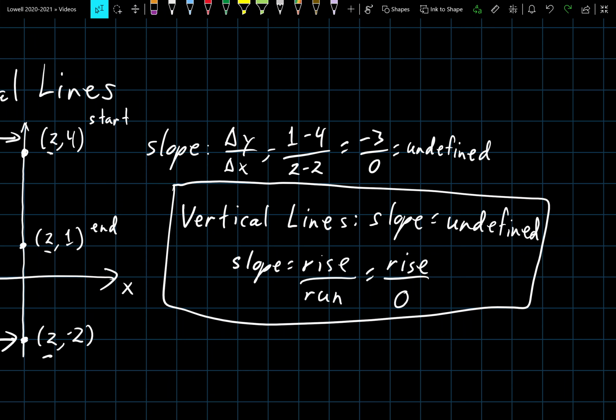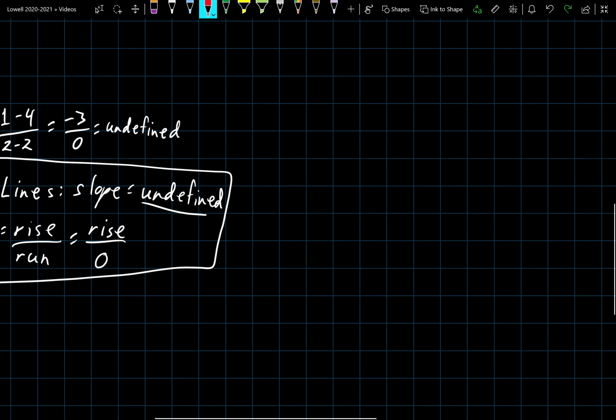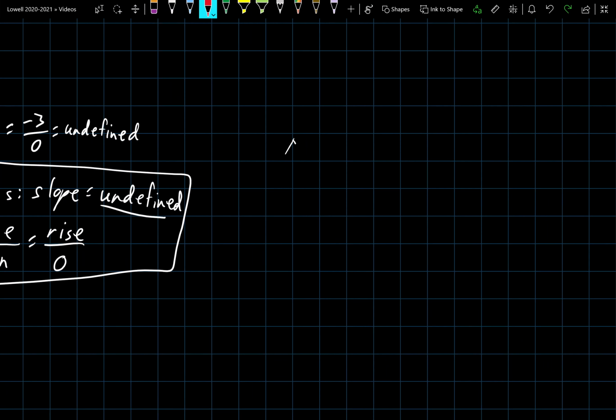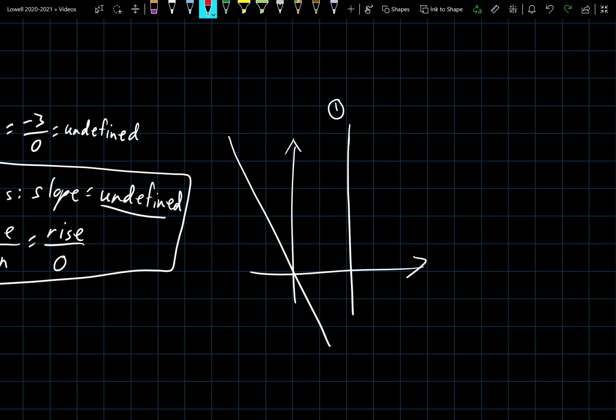Okay, but think about this. The reason this is undefined could be thought of like this. If you have two lines, one's vertical, that's line number 1, and line number 2 here, which is pretty steep, but is not vertical. You could still have someone sit on here and slide down, or they could walk up it. They might need a little bit of assistance, but it's in theory possible.